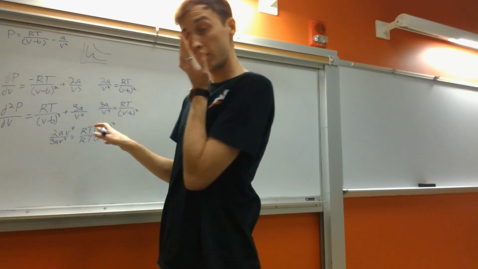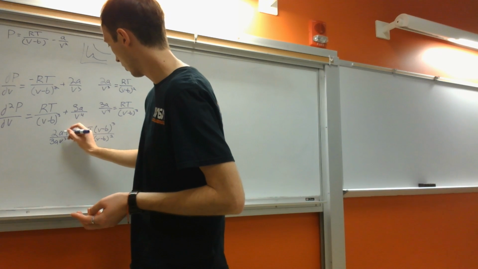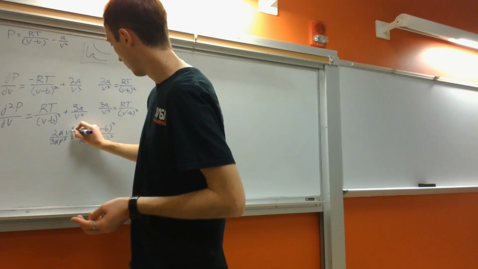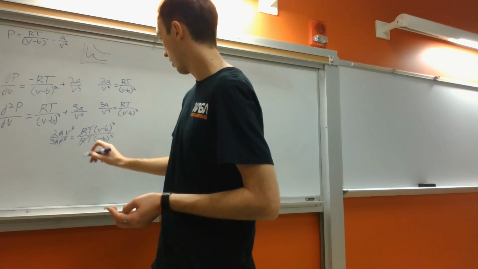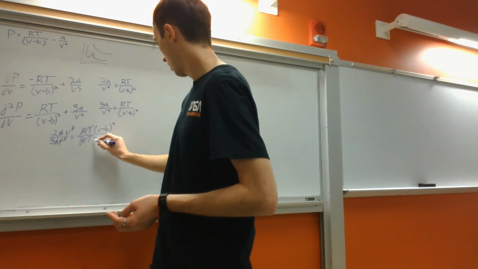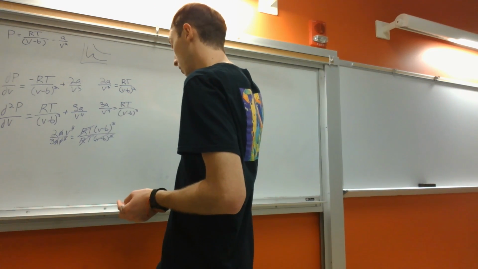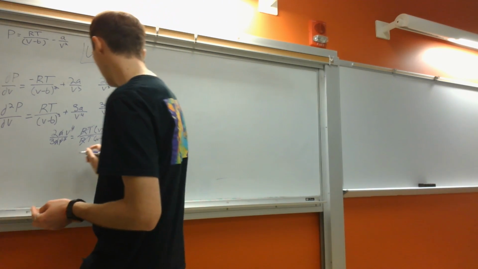So this we can continue to break down and cancel out. Here our A's cancel, V's cancel except for one on top here. Both of our RT's will cancel. Our V minus B's cancel out except for one on top here.